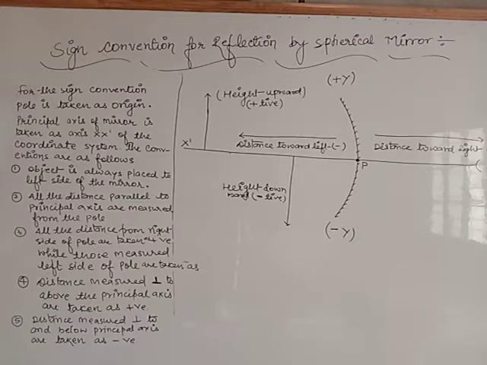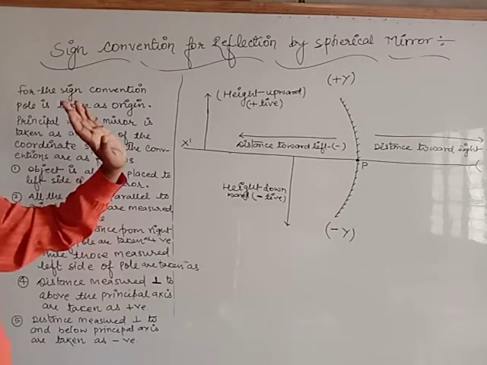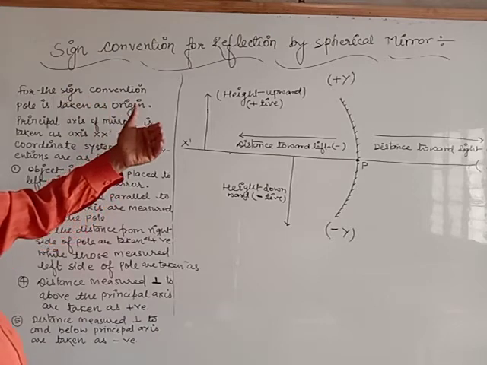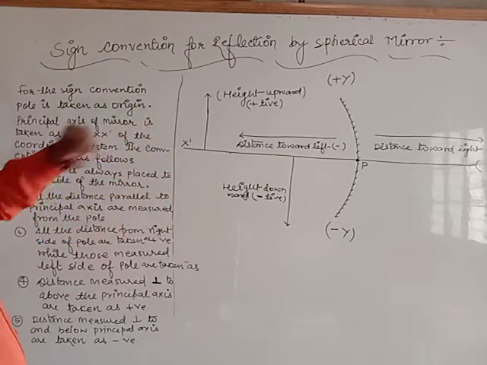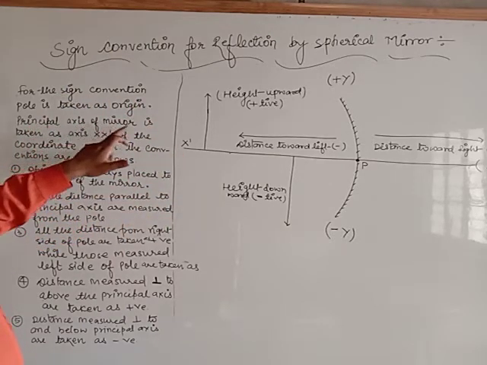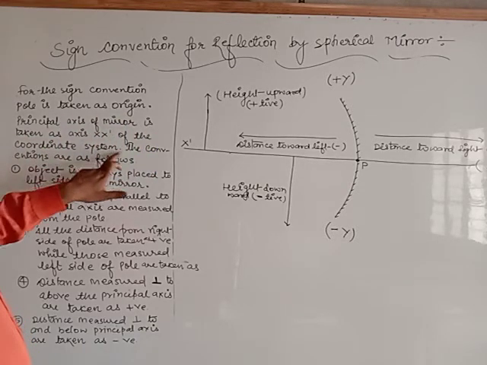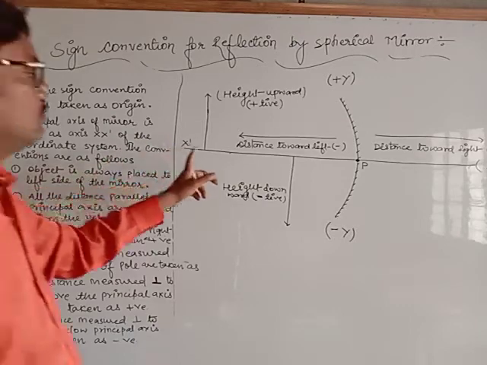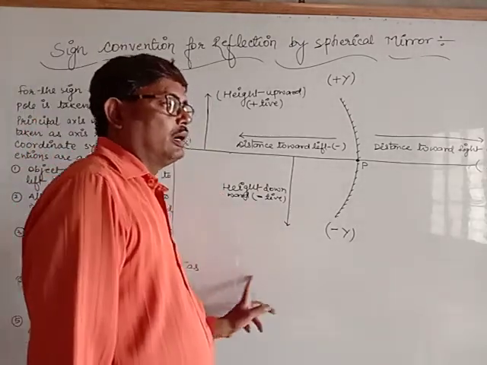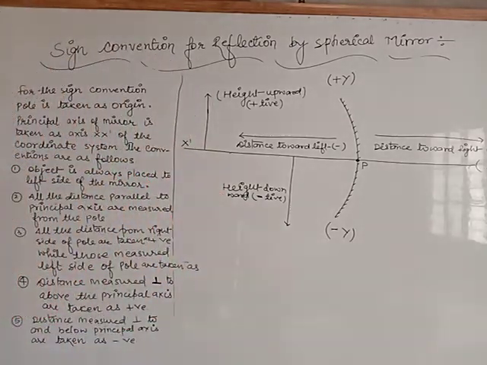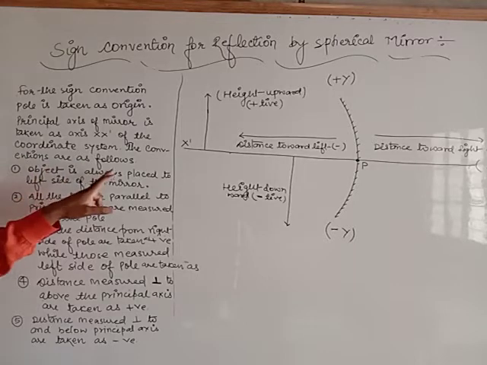For the sign convention, the pole is taken as the origin, as I already told you. The principal axis of the mirror is taken as the x-axis of the coordinate system. The Cartesian sign is also known as the coordinate system. The conventions are as follows.